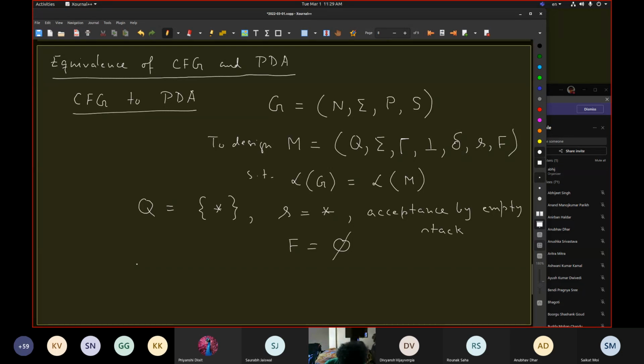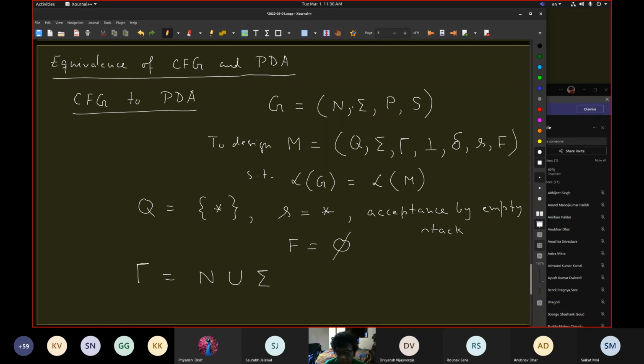Gamma will be the union, the disjoint union, of the non-terminals and the terminals. That is, every terminal and every non-terminal can be a stack symbol.